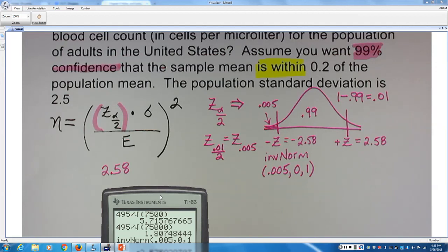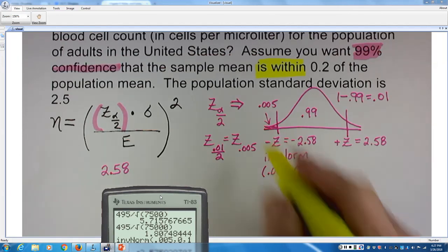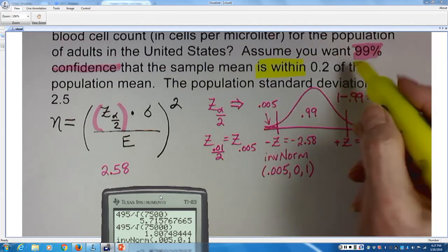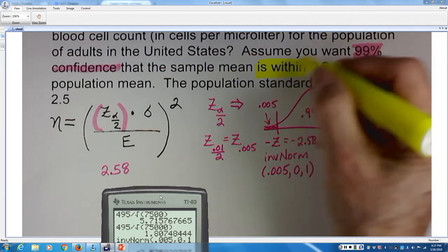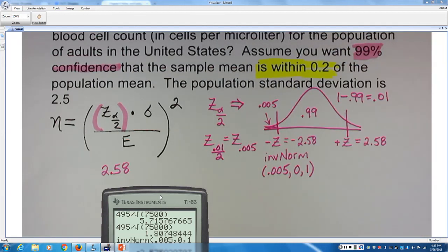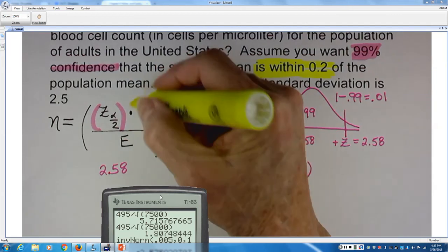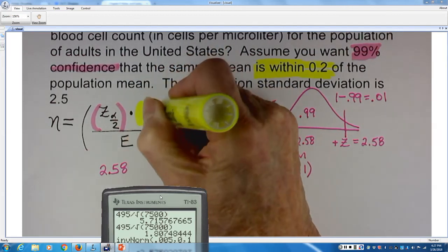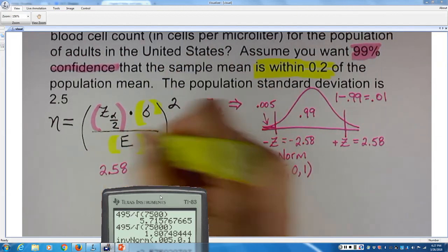So I'm going to leave that right there where it is and talk about how we get the rest of it. When it says that you want to assume that your sample mean is within 0.2, that's your margin of error. The word within tells you that you're looking at your margin of error right there. I'm sorry, I marked the wrong thing.